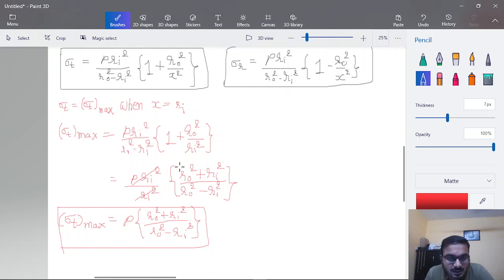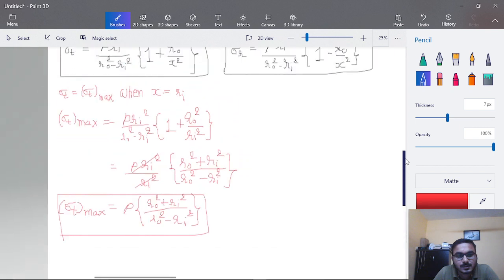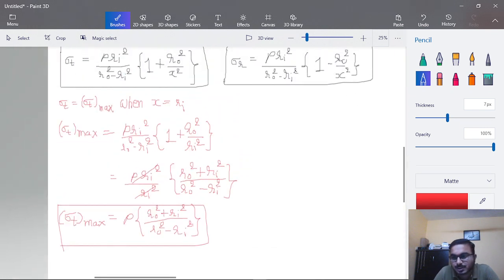Now the same thing we will do for the minimum value of this stress. I think I need to continue over here only. So sigma T is equal to sigma T minimum when x is equal to Ro.